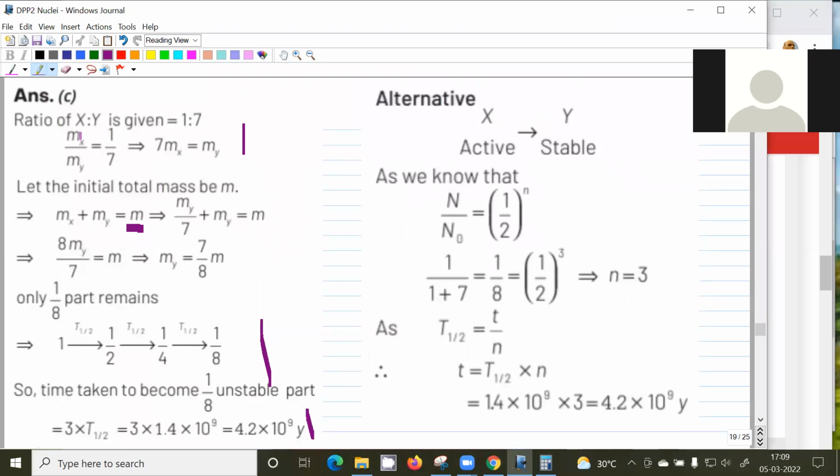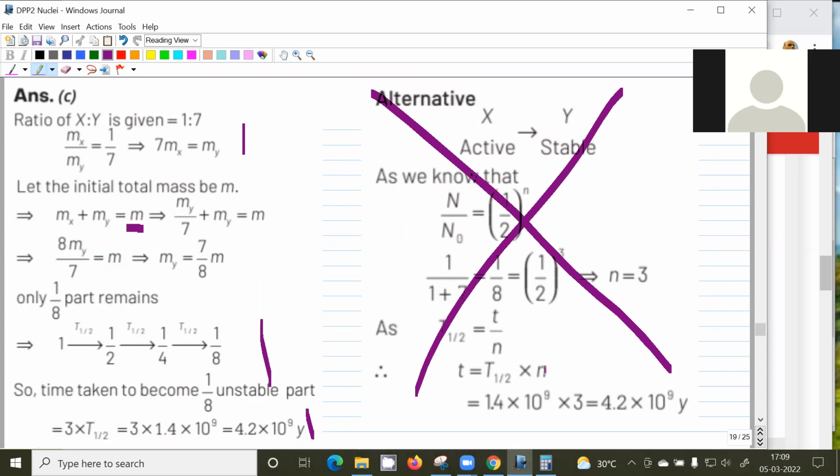Sir, but if I do it by the alternative method, I'll get Y by X equal to 1 by 2 power n. Forget the shortcut, about the Y by X ratio they have given 7:1. This is straightforward, no? No, but this method only I usually do to solve problems.